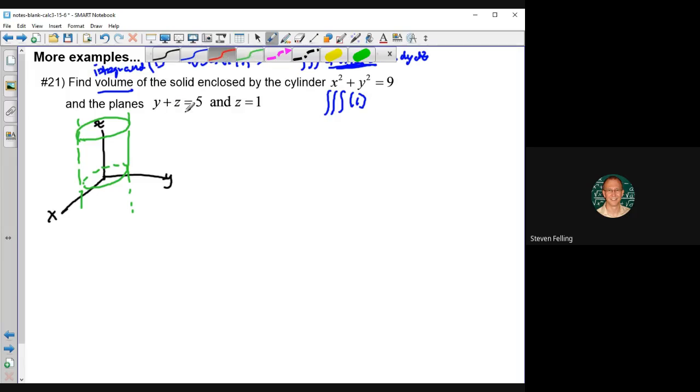If I take z equals negative y plus 5, that means if you started at z as 5 and did a slope of negative 1 line, that would be a piece of that plane. And then that plane would extend forever in the x direction like this. So there's a plane that's cutting this cylinder.